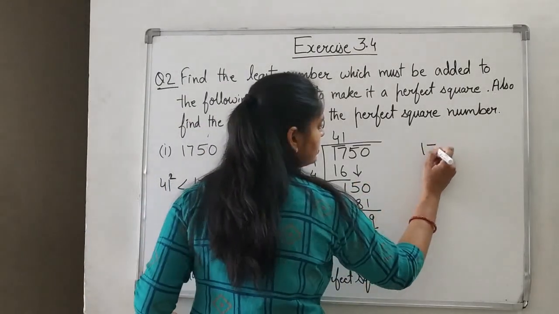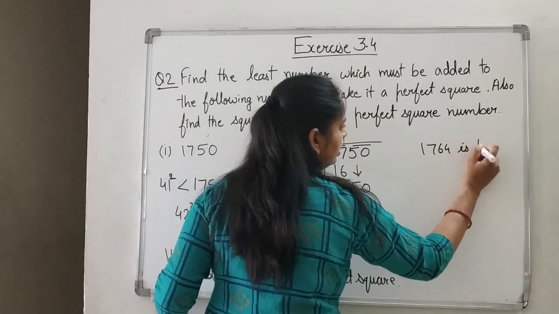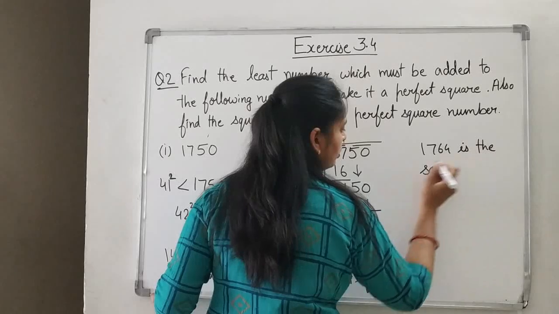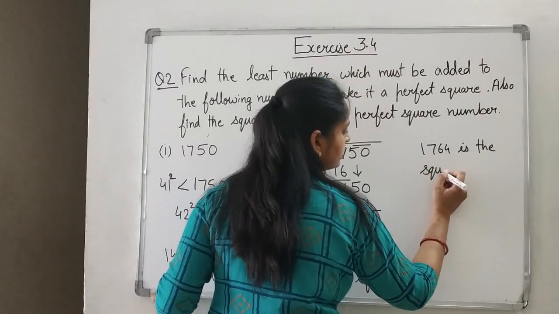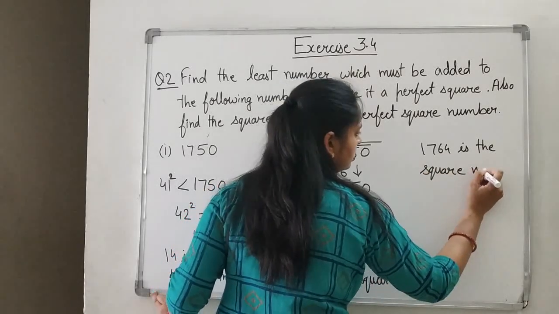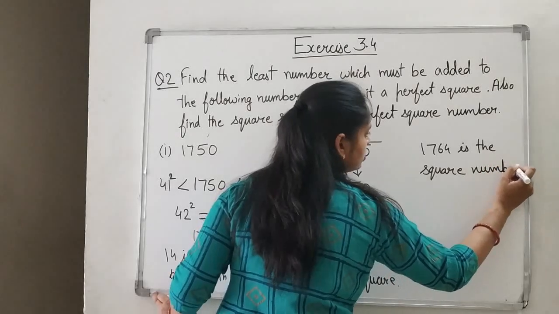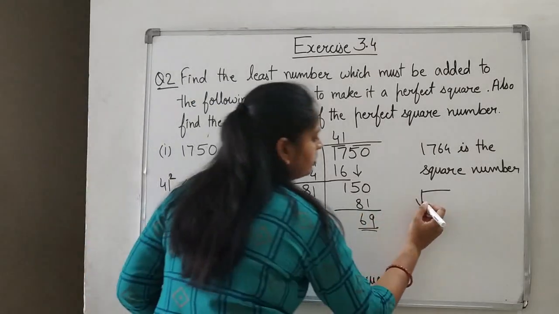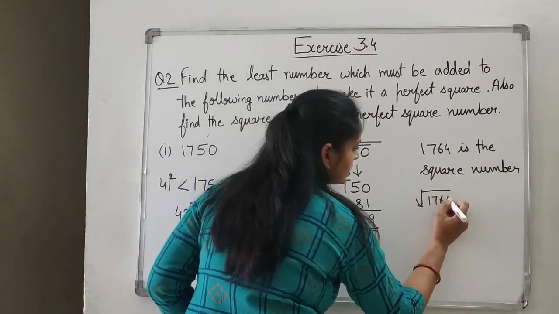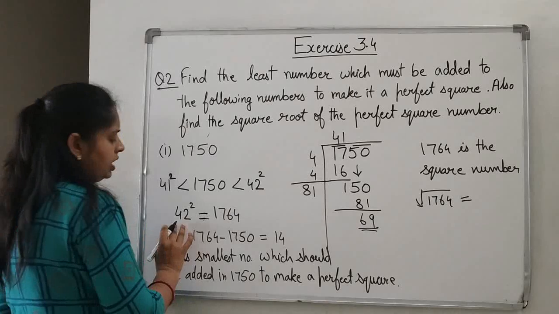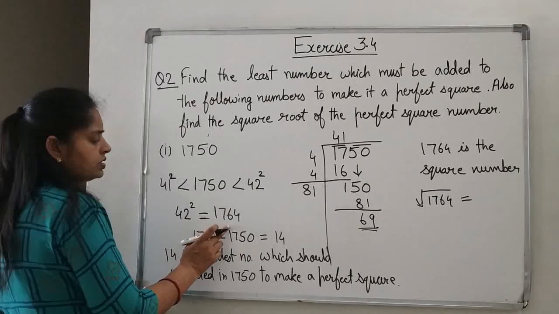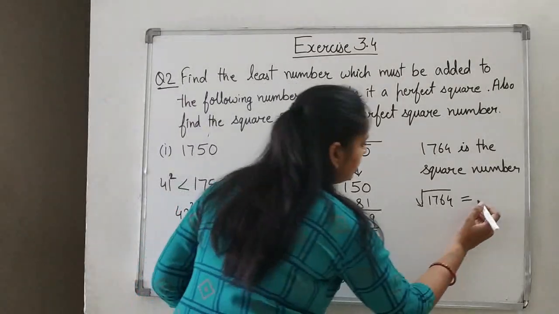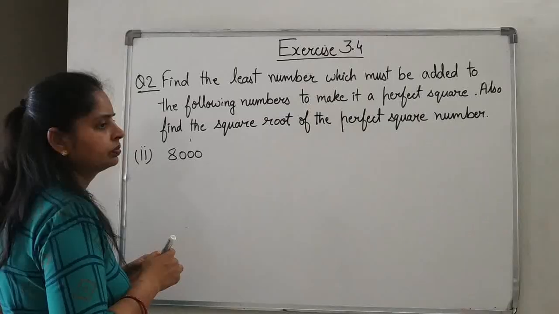So 1764 is the square number obtained. This is the square number, and the square root of 1764 will be equal to how much? Because we have calculated that 42 square is 1764. So obviously the square root of 1764 will be 42. So this is our answer.